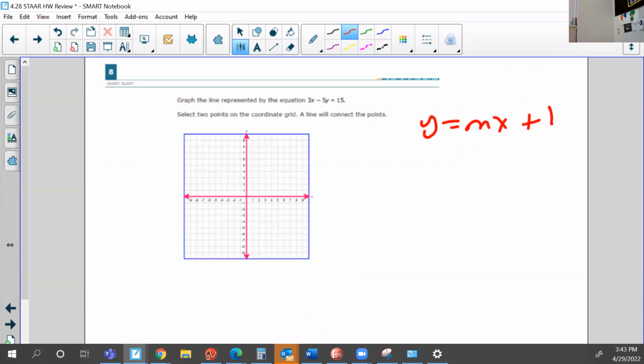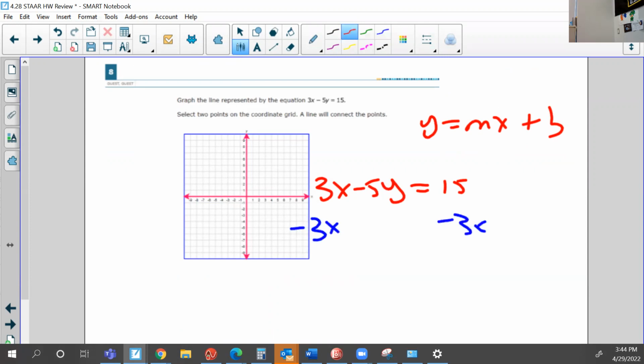So let's do that. We have 3x minus 5y is equal to 15. All right, so I'm going to minus 3x on both sides.